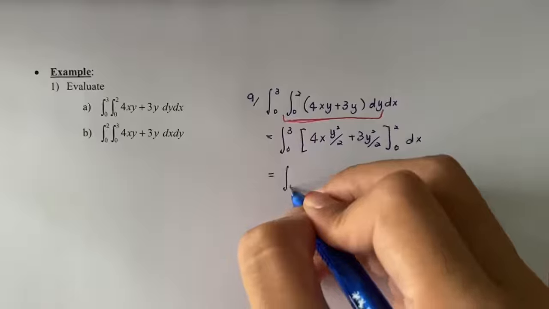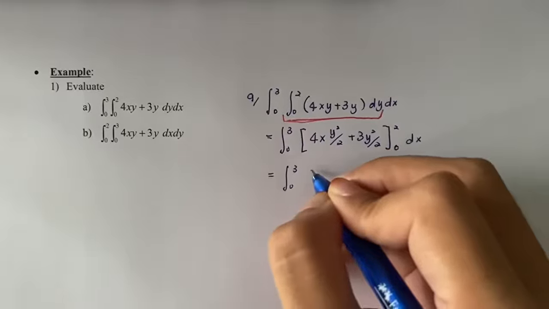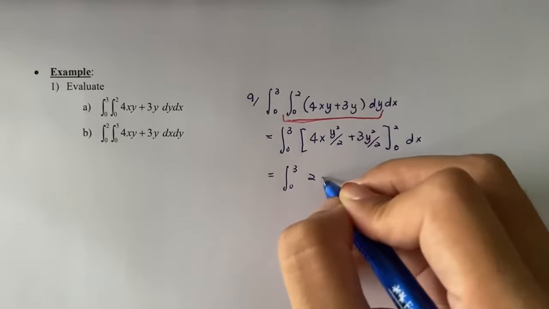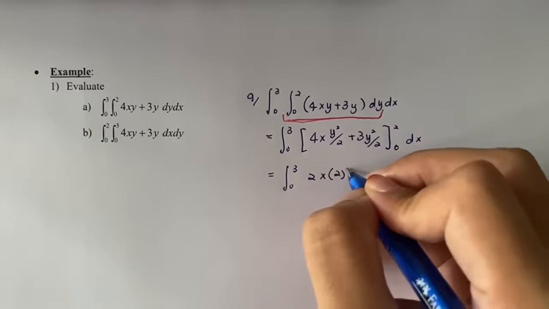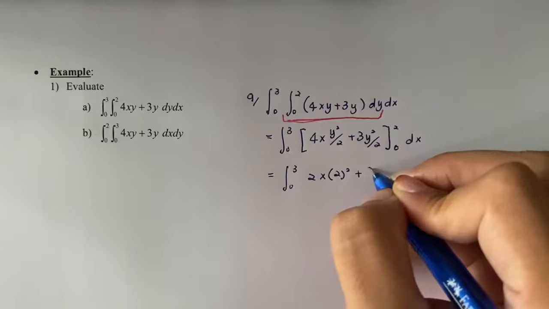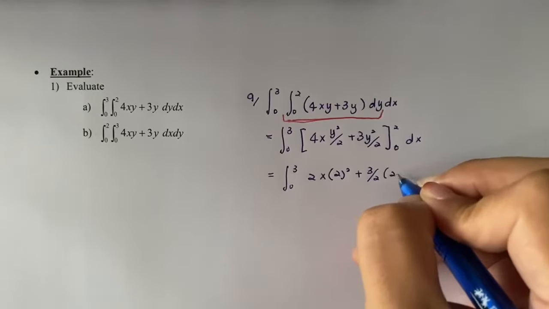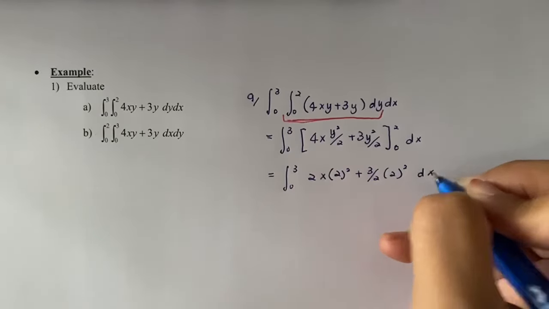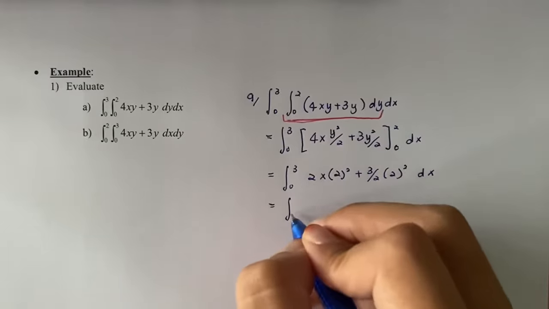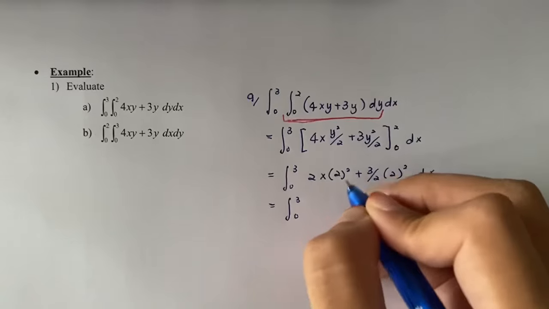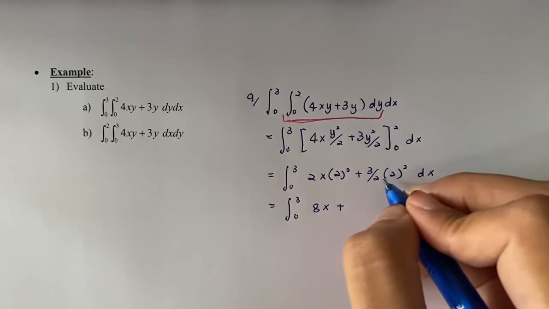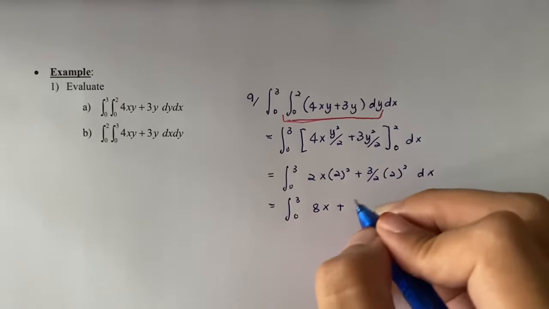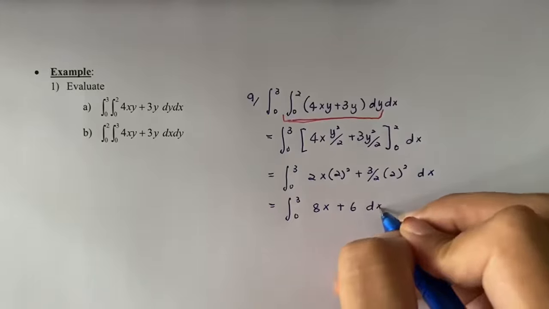For this one, you have the integral from 0 to 3 of 4 divided by 2 is 2, then x y squared, substituting the value for y, which is 2 squared, plus 3 over 2 times 2 squared, dx. Then you have 8x plus 3 over 2 multiplied by 4 is 6, dx.